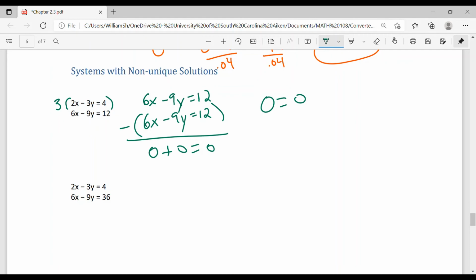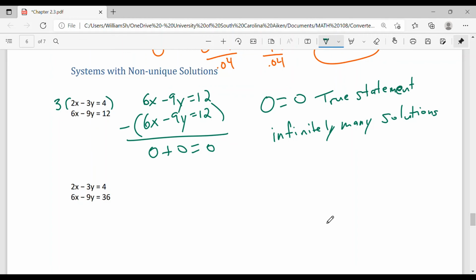So if I wind up with a true statement here, what I have here is infinitely many possible solutions. So if you wind up with a true statement at the end with no variables, like 0 equals 0, or 1 equals 1, or 5 equals 5, then you have a situation where you have infinitely many solutions.